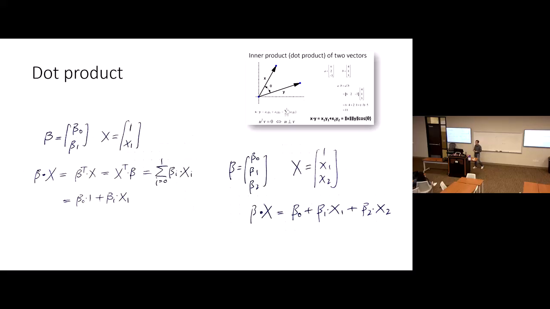You can express it in a different way: transpose beta times x, or the other way around, and you always get this value here. In the 2D case, you want to use two variables, x1 and x2, to predict your y.